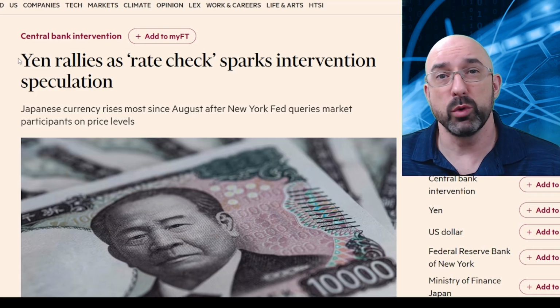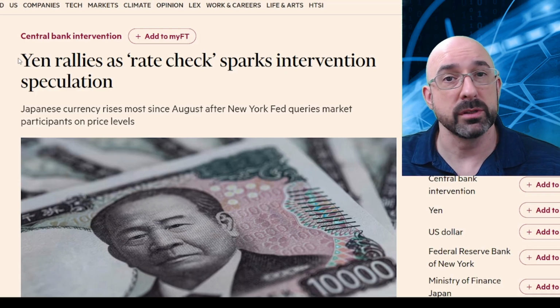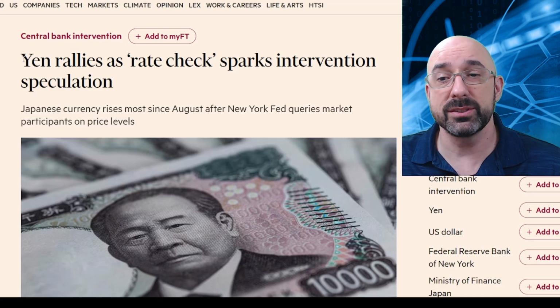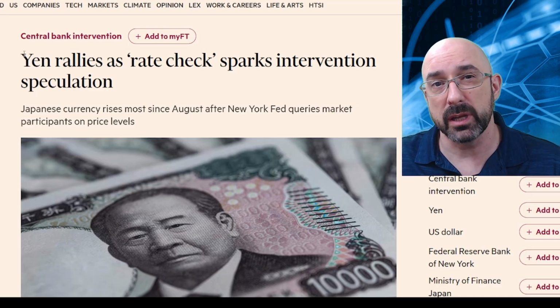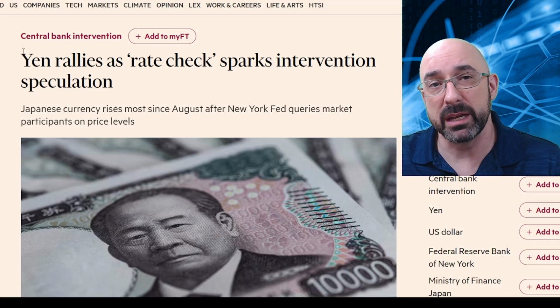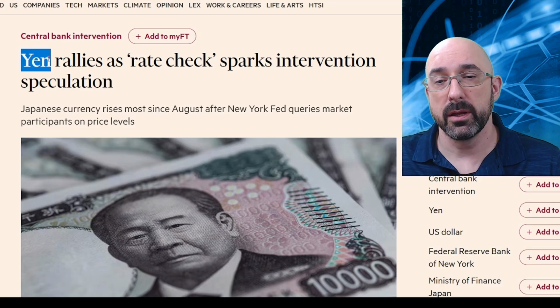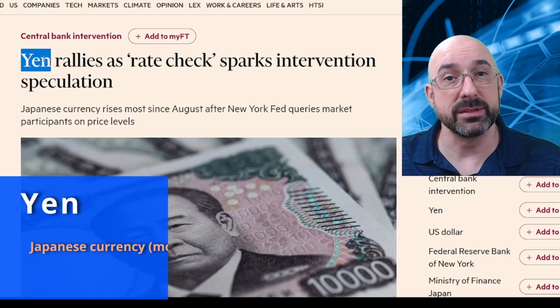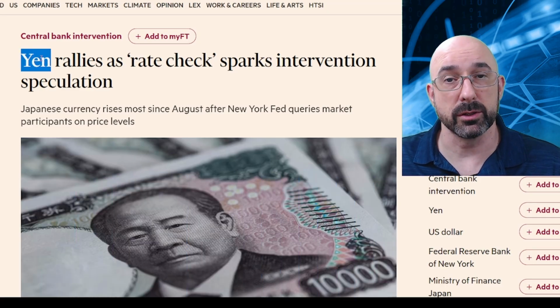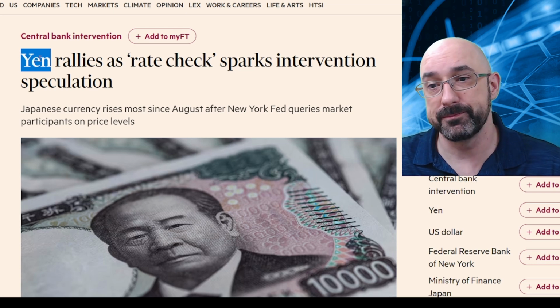Okay, so two of our big vocabulary words are in this title. So let's take a look at some of the other words first and then really dive into those major vocabulary words. The yen here is the name of the Japanese currency, similar to a dollar or a ruble or the yuan. This is Japan's currency.